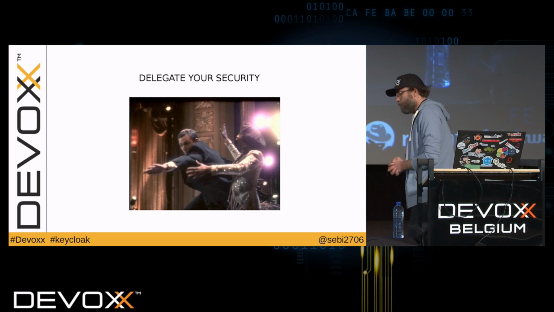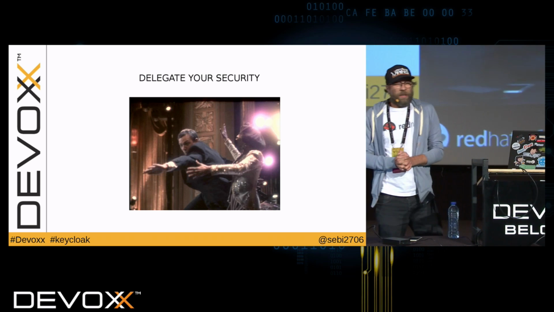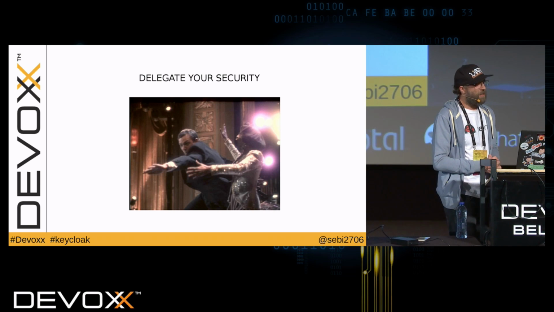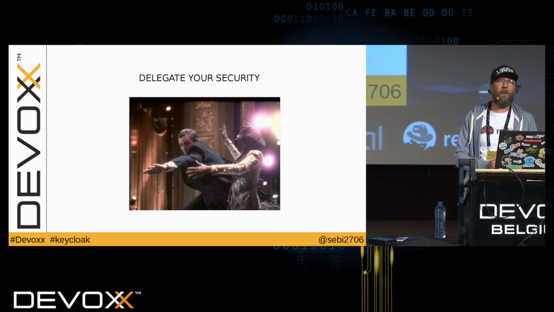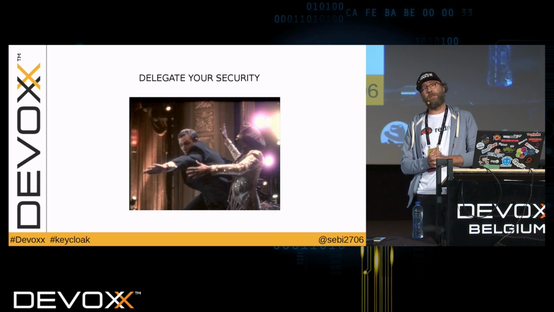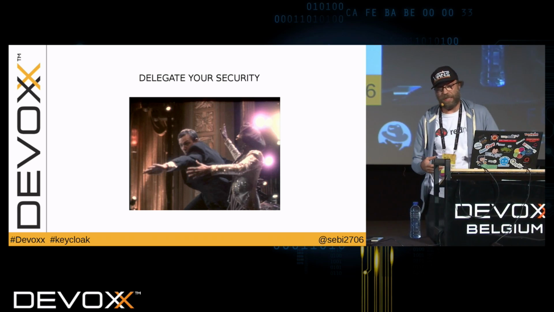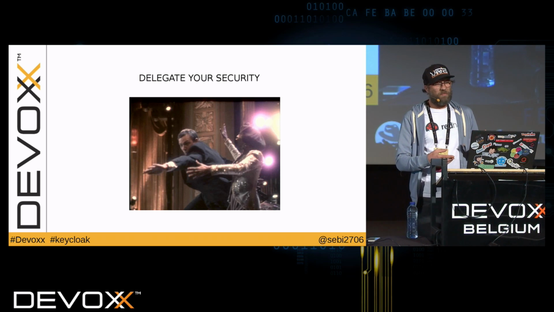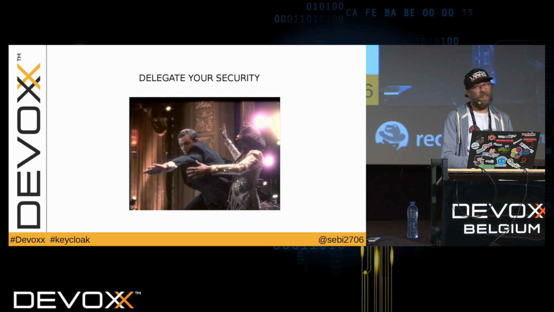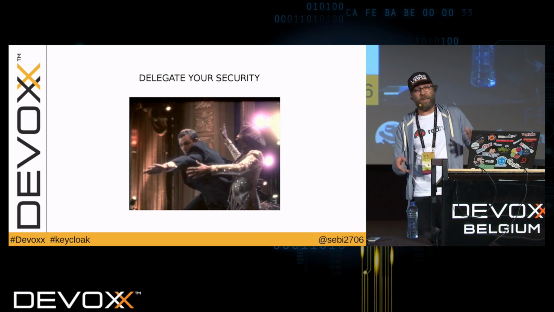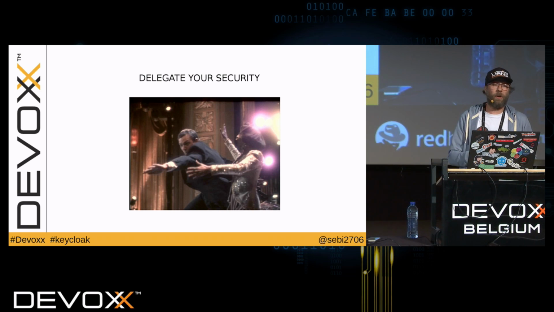Okay, security. Doing security is hard, and especially for middleware developers, they hate to do that, but you need to do it. You need to add security. And maybe sometimes you will do it yourself. That's probably the worst idea, because you will always do it wrong.